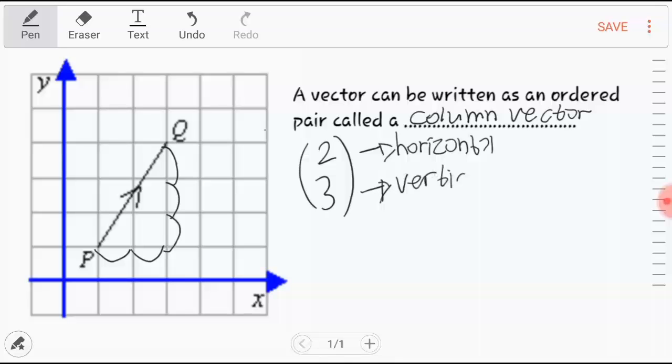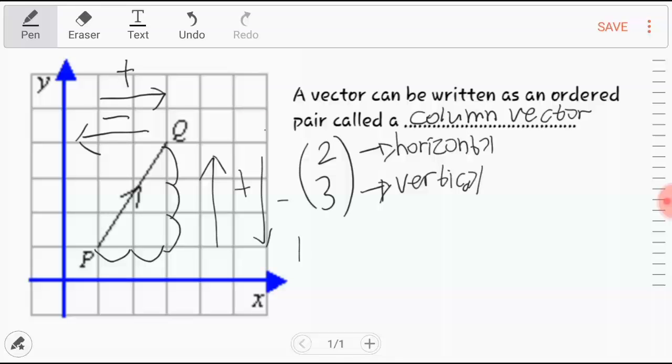Notice that both are positive. It's because going up means positive and going down means negative, and going to the right means positive and left means negative. Now we need to remember that.